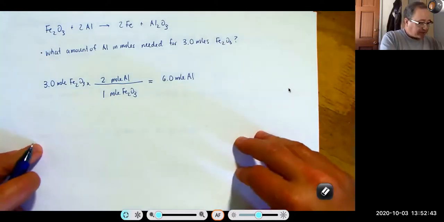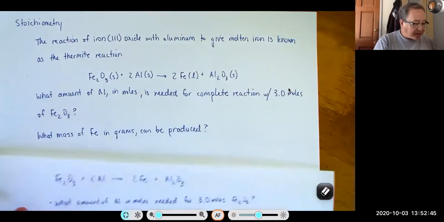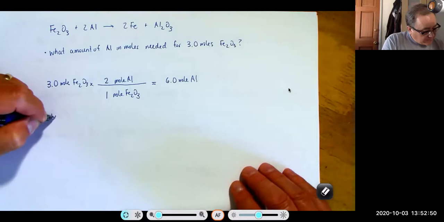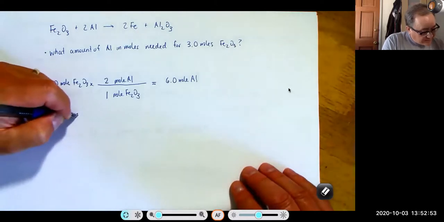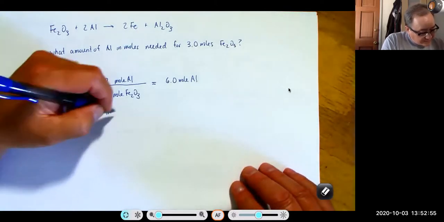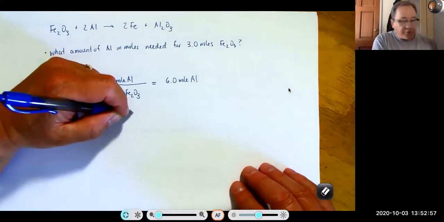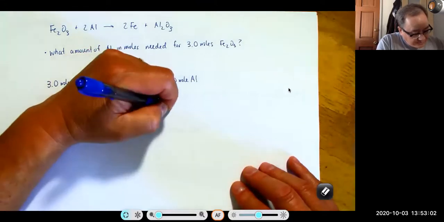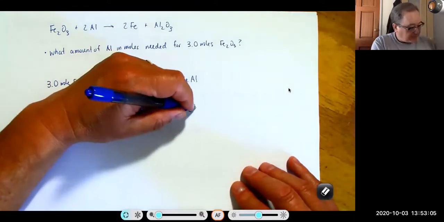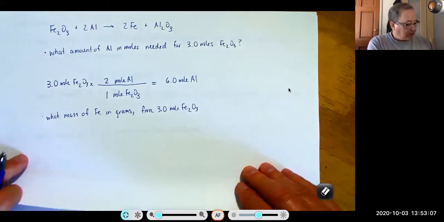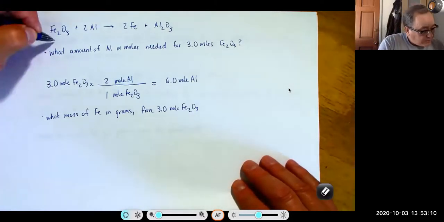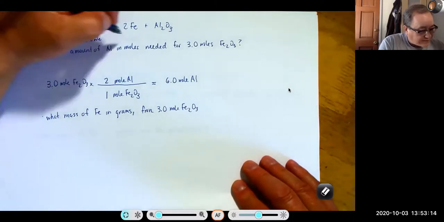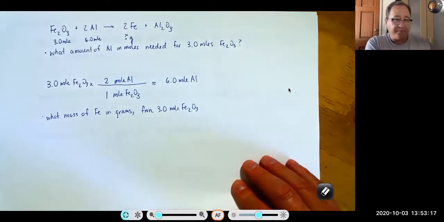Now, they also ask us in this problem, what mass of iron in grams can be produced? And presumably, it's from 3.0 moles of Fe2O3. We're told that we're mixing 3.0 moles of this, 6.0 moles of this, and we're asked how many grams of iron.